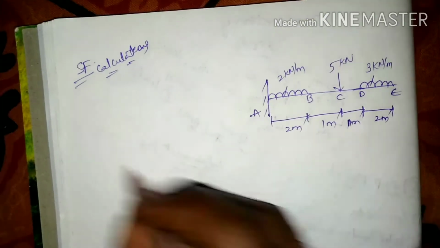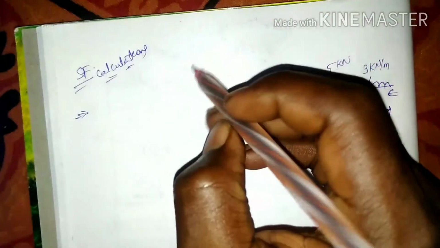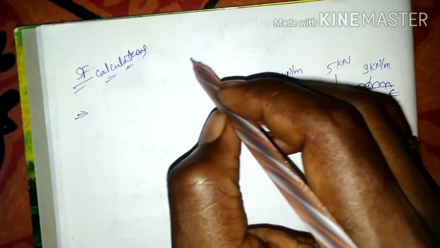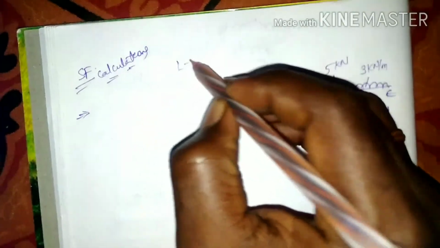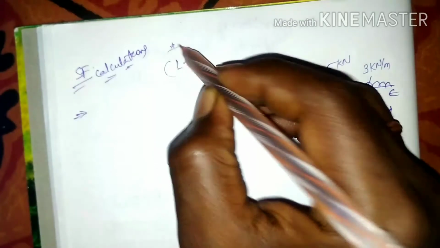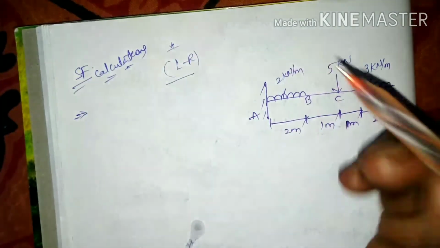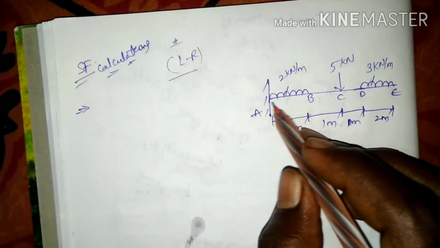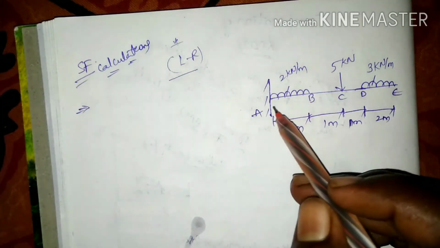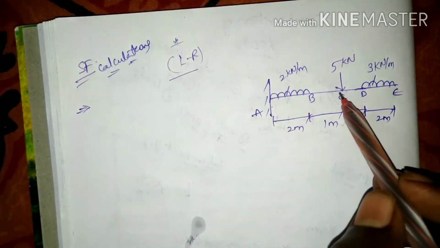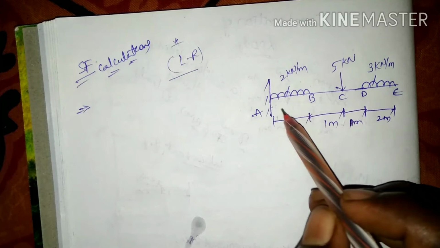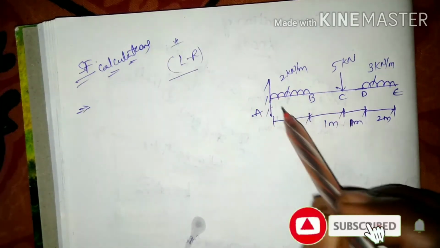Shear force calculations. Here we are going to follow the method from left to right. Just remember this formula. In the exam, for any beam or any type of loads, you will find it very easy to calculate the shear force.